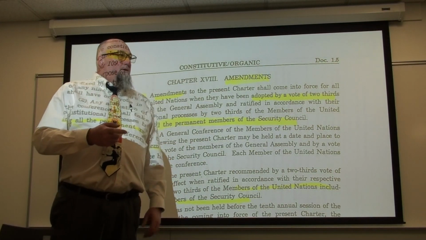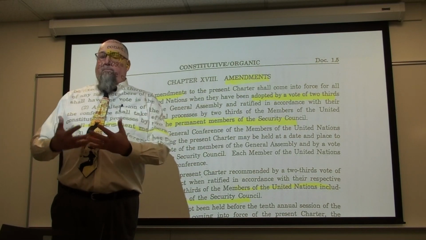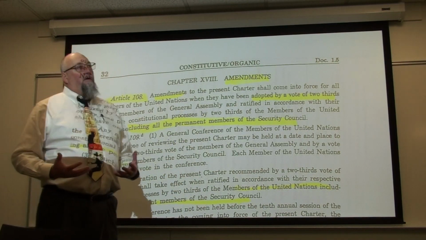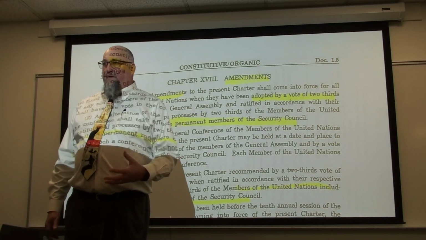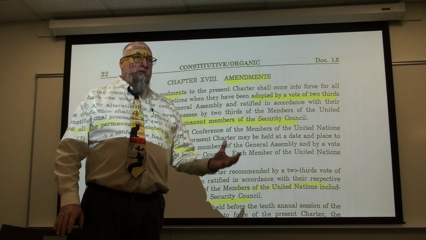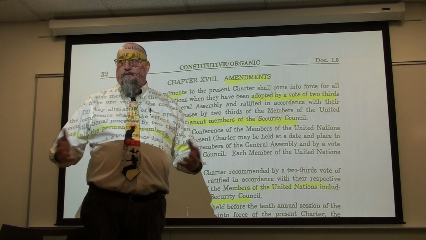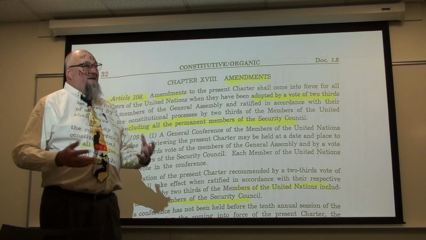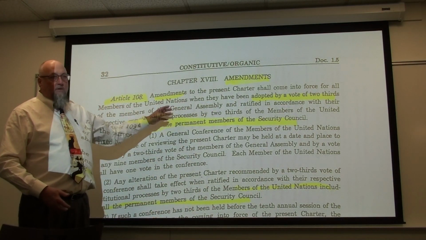So what does that mean? That means that essentially in order to amend or change the structure of the UN, it's going to require all 5 permanent members of the Security Council, US, Russia, China, etc., to agree. Now the problem, of course, is getting that agreement. It's going to be very difficult, not to mention a supermajority vote.